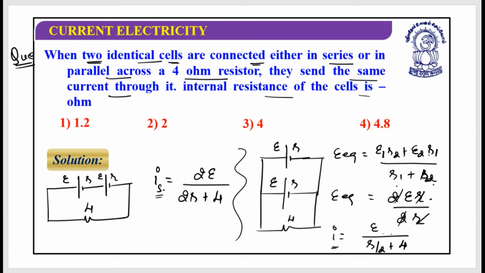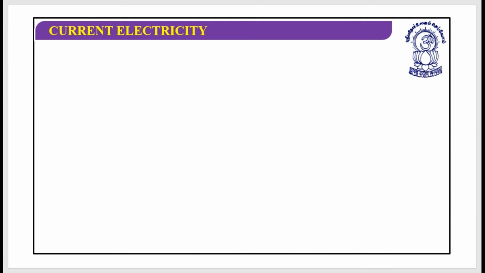This is when they are connected in series, and this is the case when they are connected in parallel. As our data says that current is the same whether they are connected in series or in parallel, I can equate Is equals Ip.